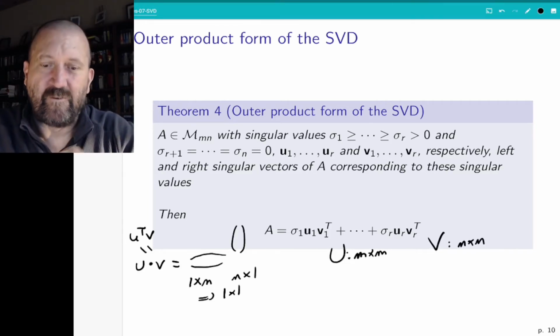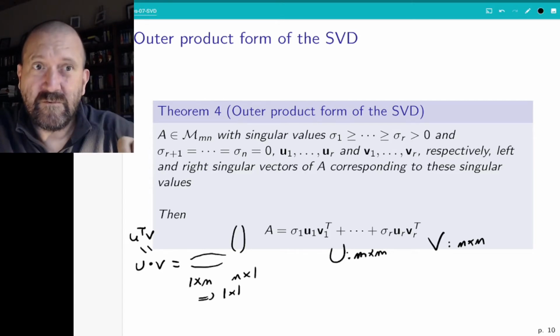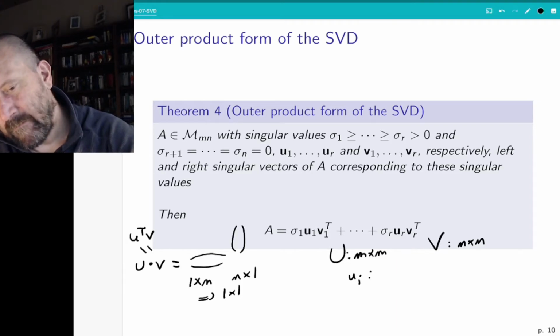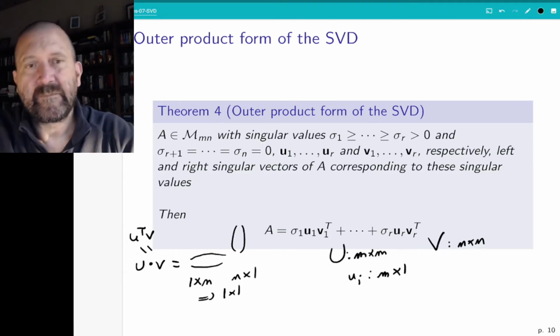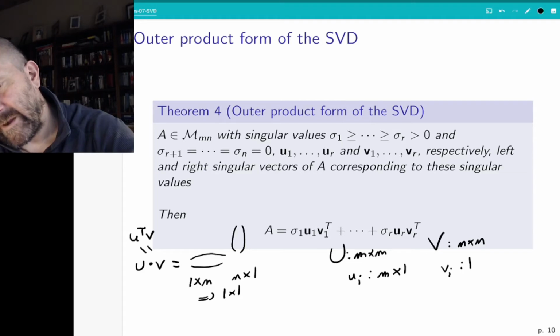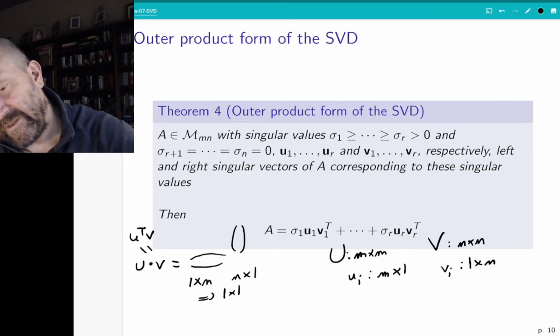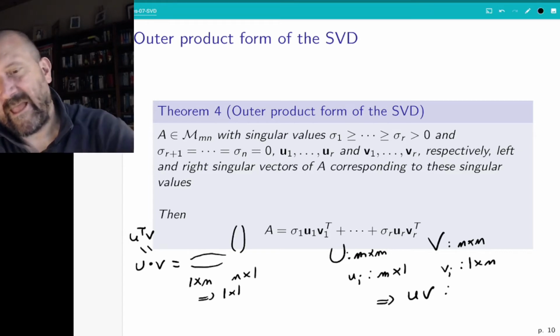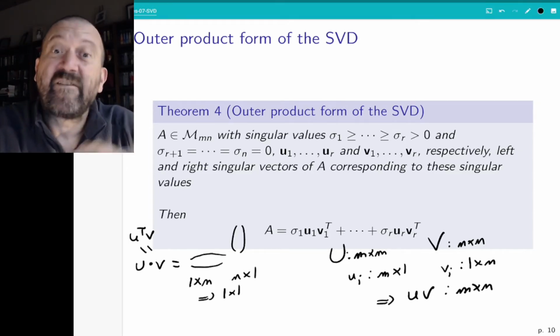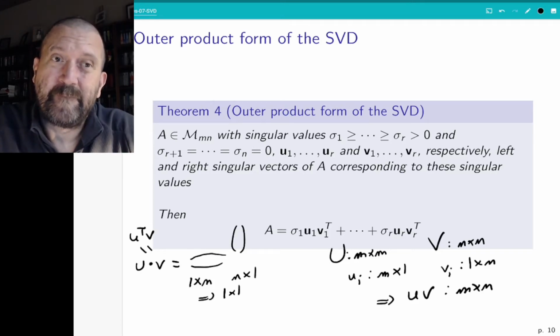Okay, so vectors u_i are m by 1, and vectors v_i are 1 by n. So that means that the product u v is m by n, as is the matrix A.